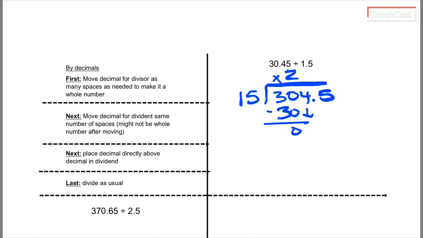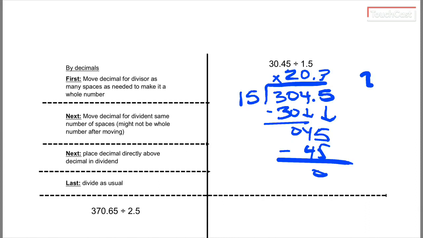Bring down the 4. 15 does not go into 4. Sorry, I forgot to add my decimal at the top there. It does not go into 4, so we have to bring down the 5. 15 goes into 45 3 times. 15 times 3 is 45. We don't have a remainder, so our final answer is 20.3.